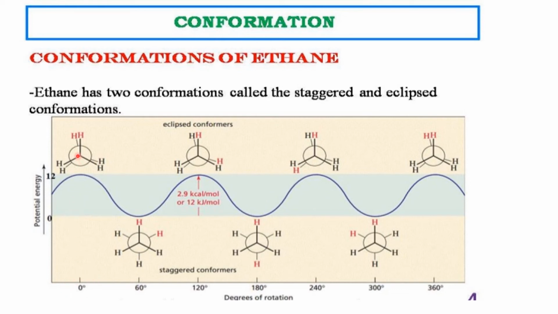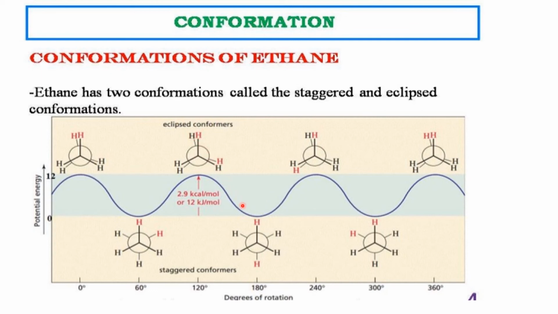But when I slowly rotate the carbon-carbon single bond, it moves to an extreme case called Stargate conformation. In that Stargate conformation, the first hydrogen atom of the first carbon atom and the first hydrogen atom of the second carbon atom create a dihedral angle of 60 degree. The rotation is again possible so that it moves to another eclipsed conformation, in which the hydrogen atoms of the first and second carbon atoms are in the same plane.